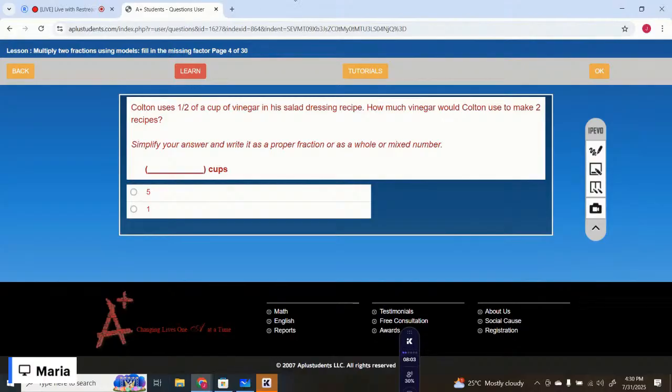So, which is the correct option? That is 1. Option number 2 is the correct option.